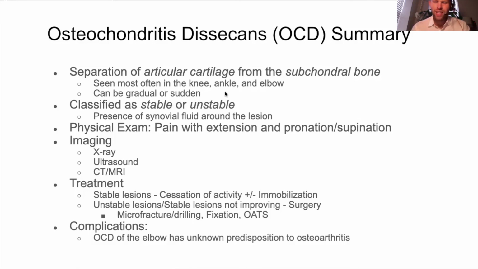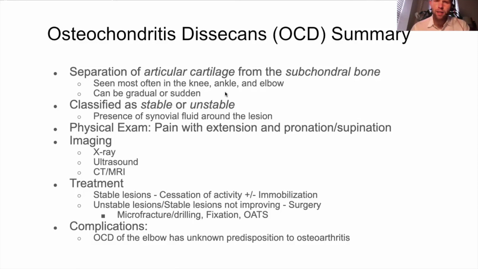Treatment, again, for stable lesions is cessation of activity with or without immobilization, depending on the patient's pain. However, for an unstable lesion or for a stable lesion which is not improving, surgery is the correct option. And the treatment options include microfracture drilling, fixation, or the OATS procedure, as we just saw. A common question about this is whether or not the presence of an OCD lesion will lead to osteoarthritis.